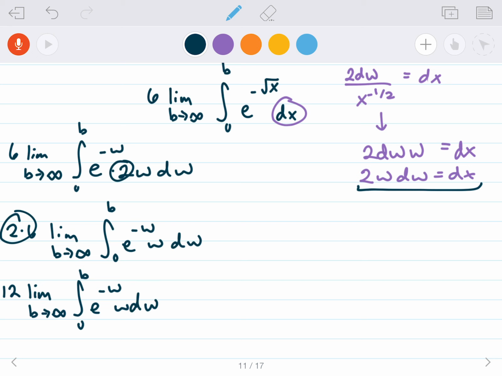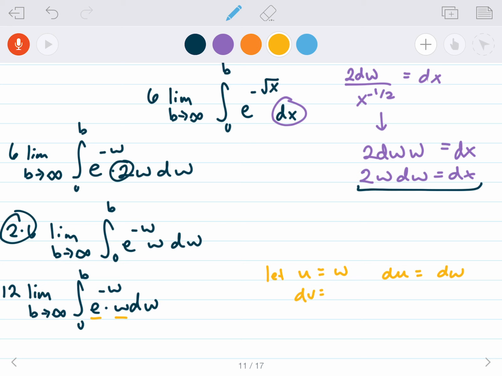This is when integration by parts comes in, because we have a product of functions and we can't use u substitution to simplify this anymore. So we have to use integration by parts. I'm going to let u equal w, therefore du is just dw. If you remember how we did this, we pick u to be the function that gets simpler when you differentiate it, and we pick dv to be the other function.